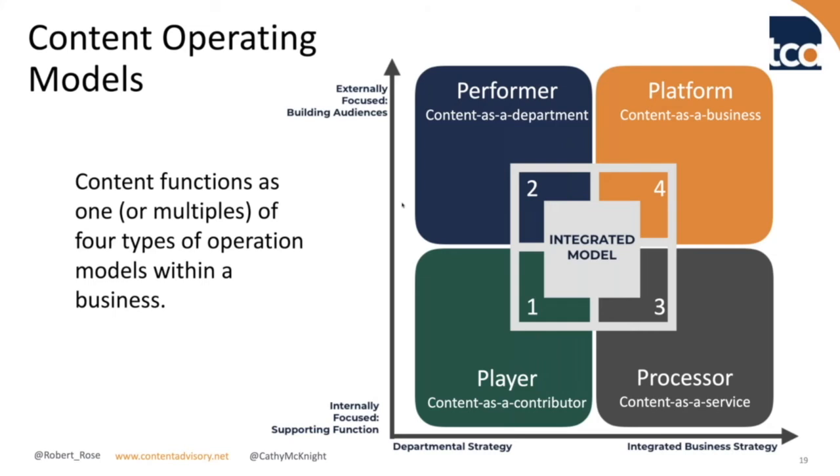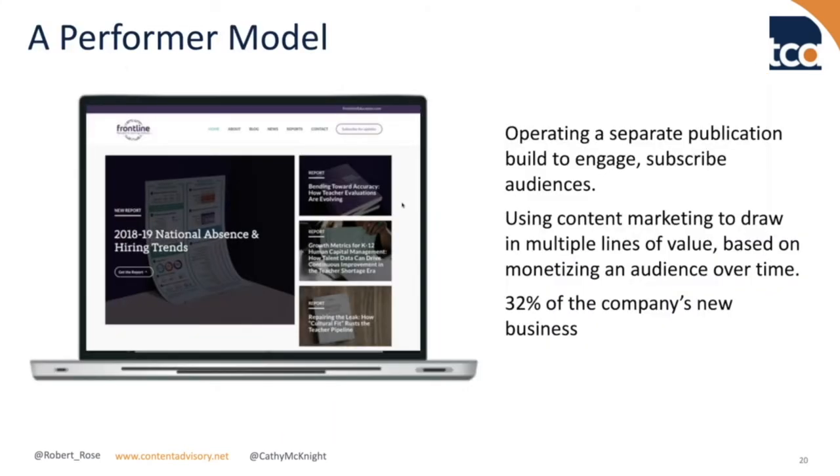Just looking at it in isolation quickly again here. So for example, a performer model. This is Frontline Software, and they make software for schools, operational software for schools. And they set up an entirely separate publication called their Frontline Research Institute, where they provide original research and content and best practices for the operation of schools over time.